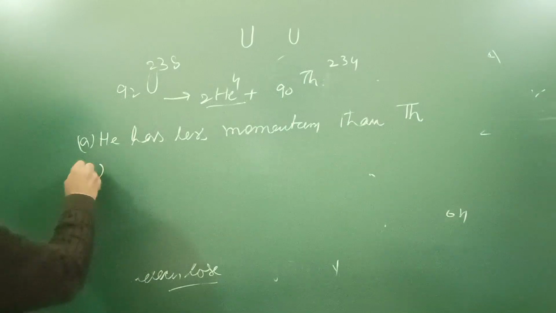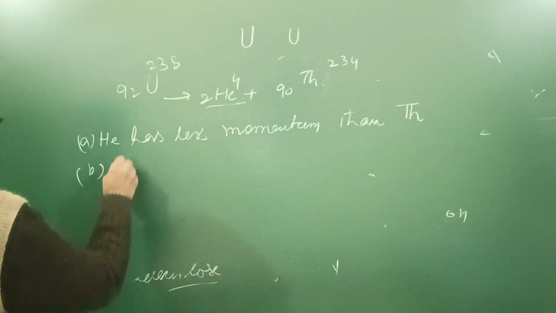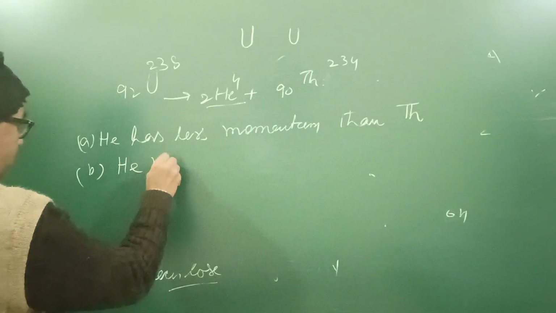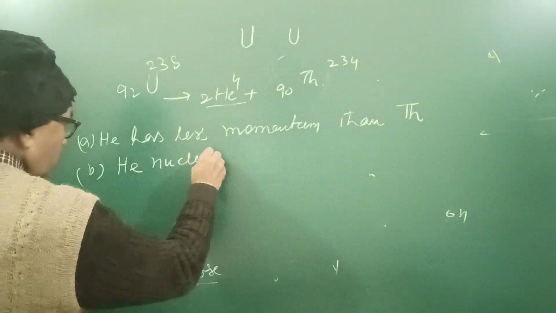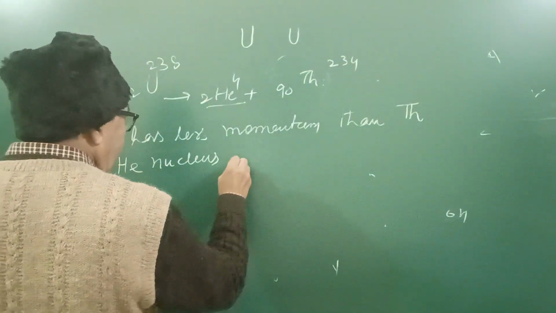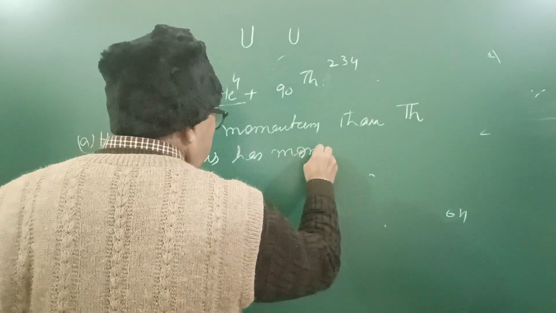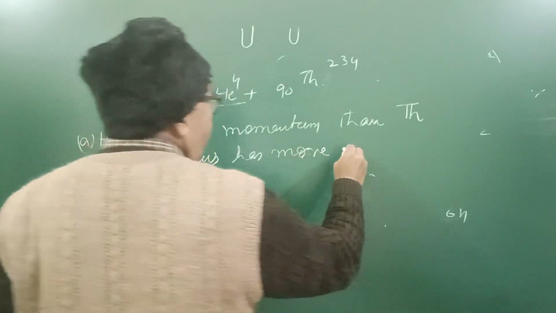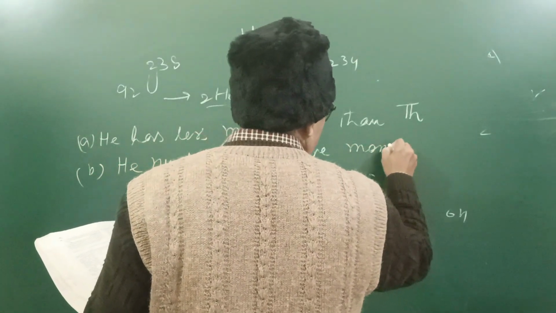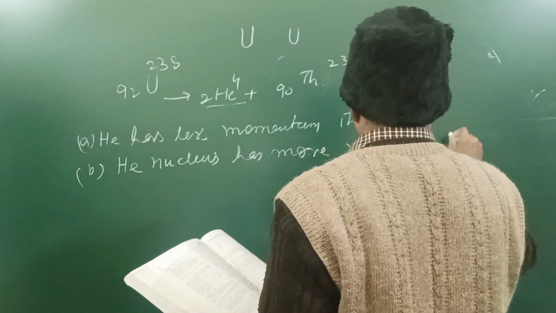B: helium nucleus has more momentum than thorium.